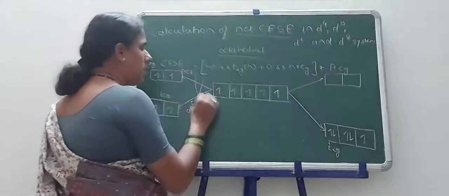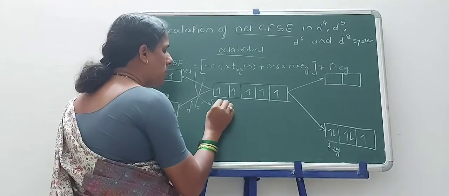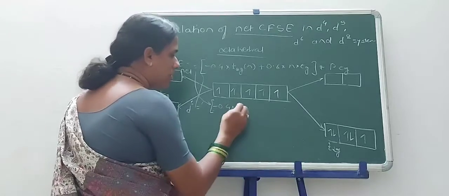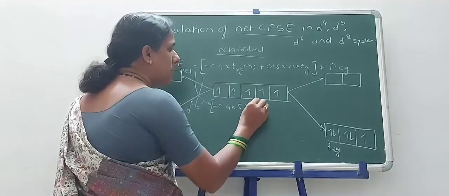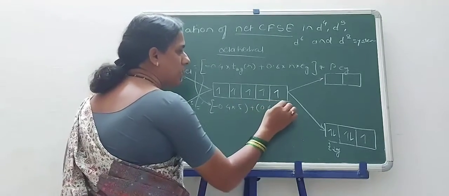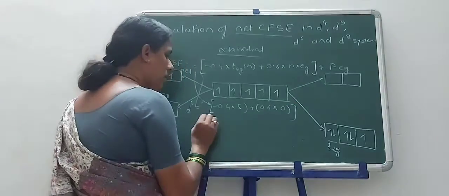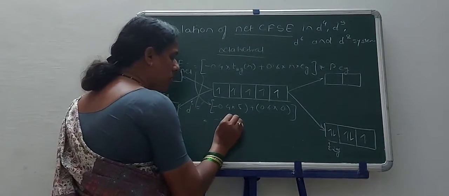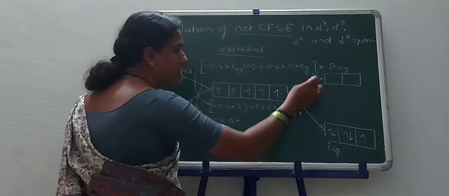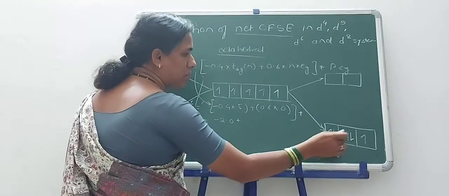Therefore, CFSE net is equal to minus 0.4 into the number of T2g electrons, which is 5, plus 0.6 into the number of Eg electrons, which is 0. Therefore, the answer is minus 2.0 plus the pairing energy. How many paired electrons?